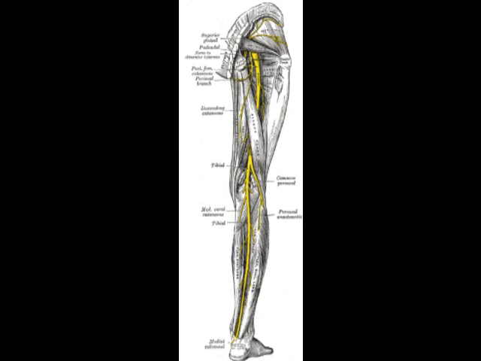Also, at the very bottom branch of it, it does branch out to your posterofemoral cutaneous nerve in the back. So, if you injure your perineal branch, you can also have some pain radiate down to the posterofemoral cutaneous nerve of your thigh and cause some back thigh pain.